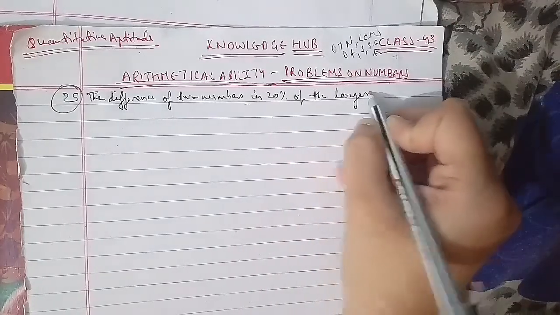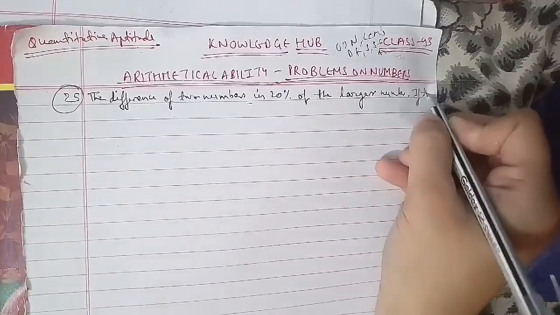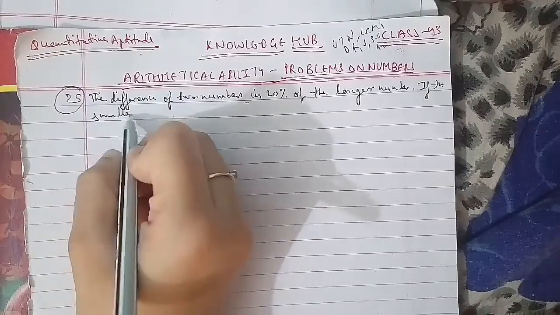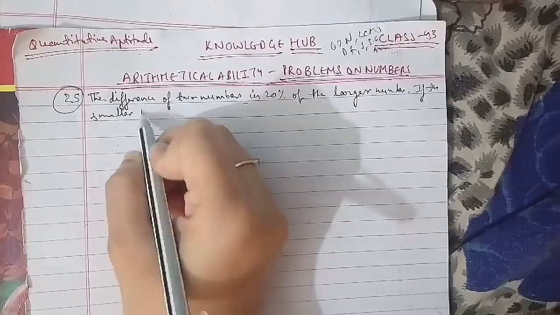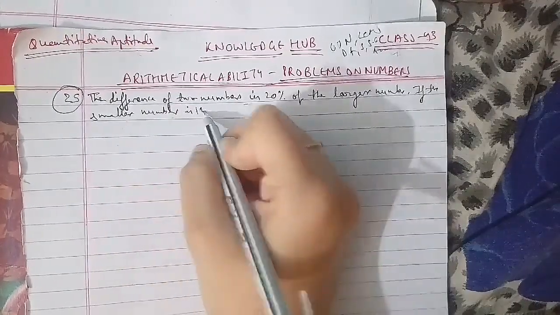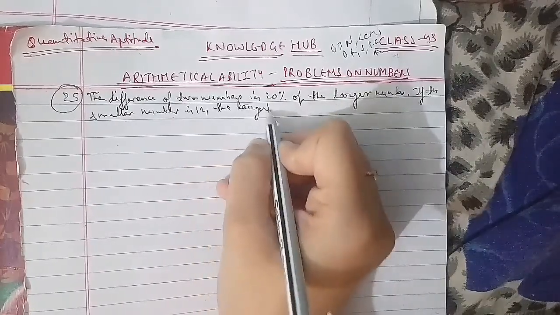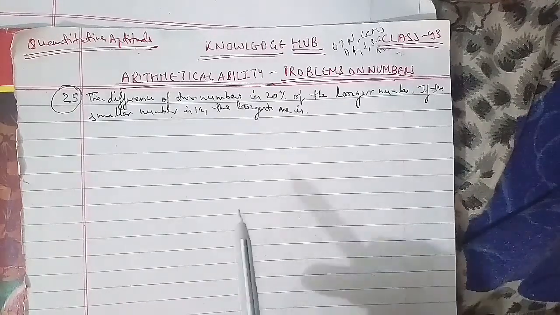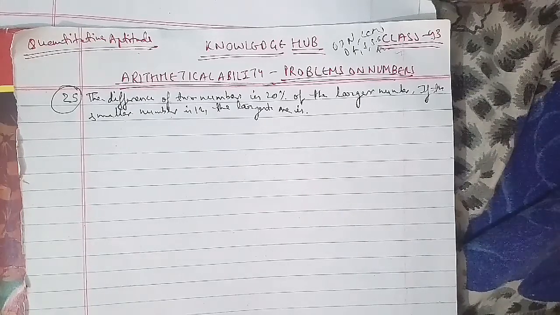If the smaller number is 12, the largest one is what we have to find. And the options we have here, as I told you, are 15, 16, 18 and 20. Let's go ahead for the solution for this as well, and that is also an important one.